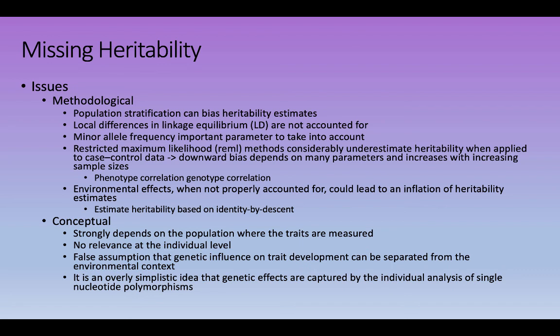Local differences in the genome of linkage equilibrium estimates, the importance of minor allele frequency determinations. So it was found that one of the big corrections that allowed for something like the estimation of heritability attributable to human height had to do with shifting our focus from thinking about identifying alleles of statistical significance that would have a moderate to large allele frequency in a population to these minor allele frequencies.